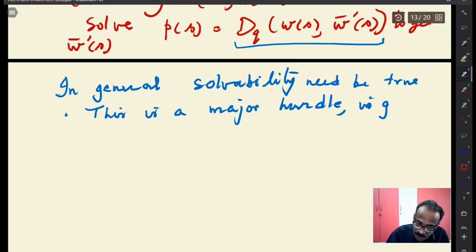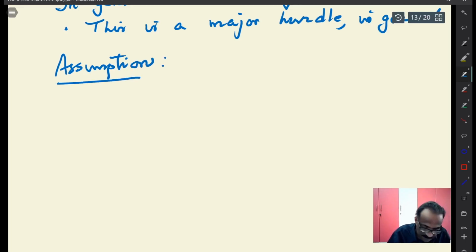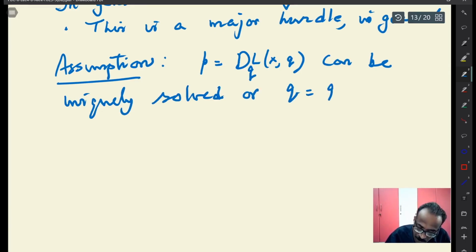Okay, so we make an assumption now. We are making an assumption immediately that P equal to dq of L of x, q can be uniquely solved for q, and q will be q of x, p.